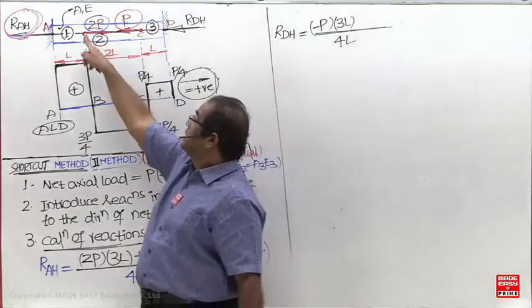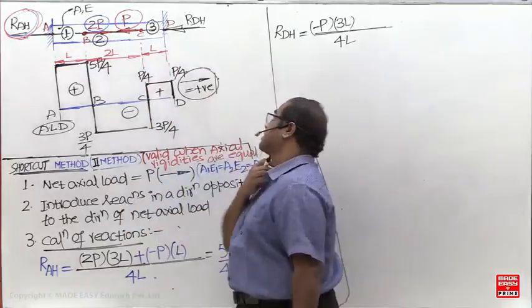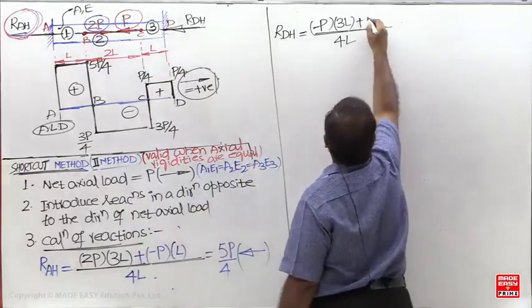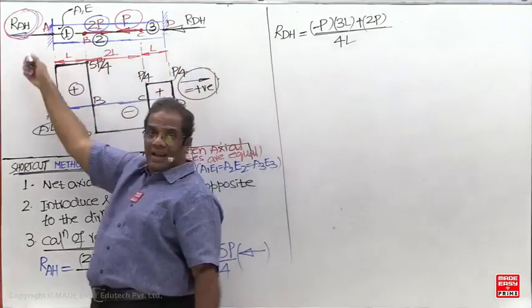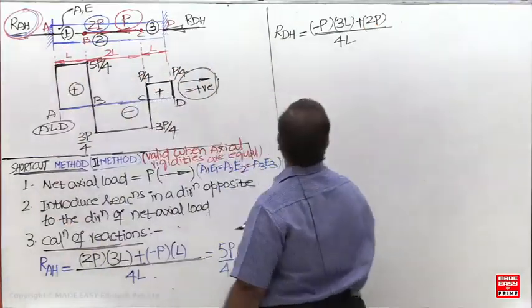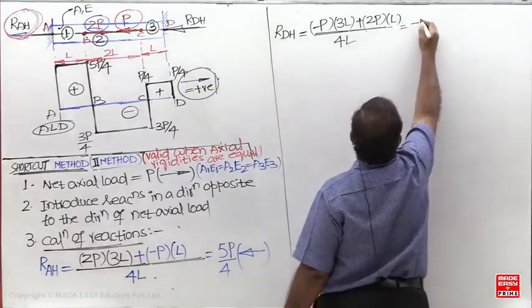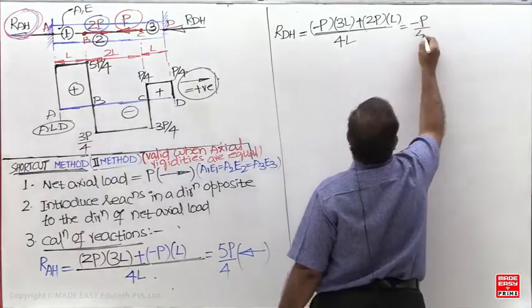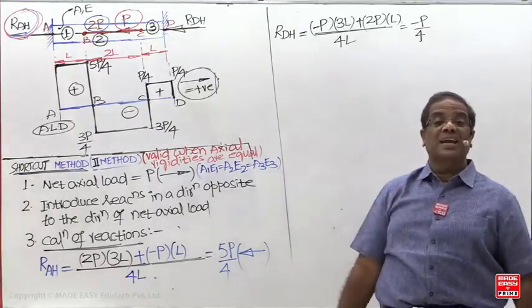Next, this 2P and RDH are both in the opposite direction. Opposite direction means plus. And what is the distance between B and A? L. Now check it. You are getting minus P by 4. What is the meaning of minus? The assumed direction is incorrect.